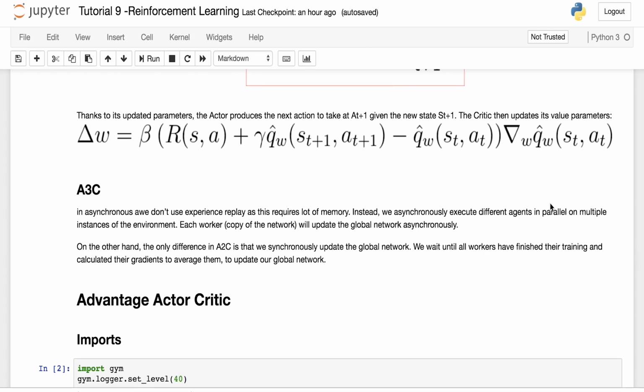Okay, so this algorithm is actor critic. There are other versions of actor critic algorithms, such as the asynchronous version. The difference is that in the asynchronous version you compute your gradient and update it asynchronously at each step.